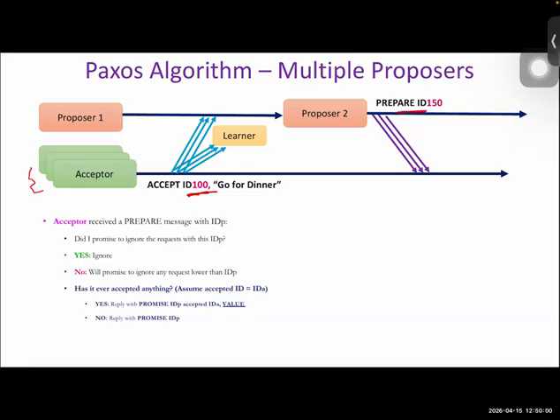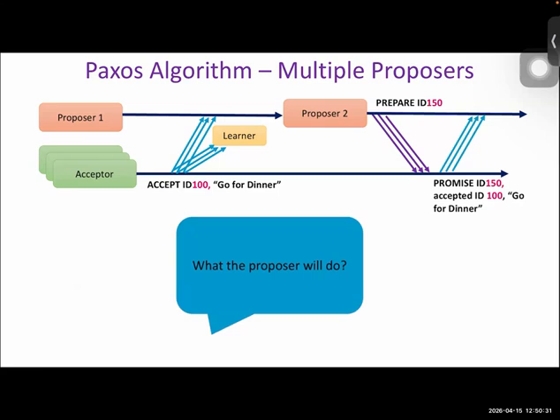The acceptors check whether they have ever accepted anything. If yes, they reply with the promise ID, that is the accepted ID plus value, otherwise not. In this case, the acceptors say that yes, we accepted this ID, go for dinner, and the new proposal is promised.